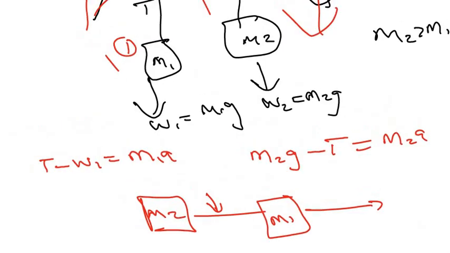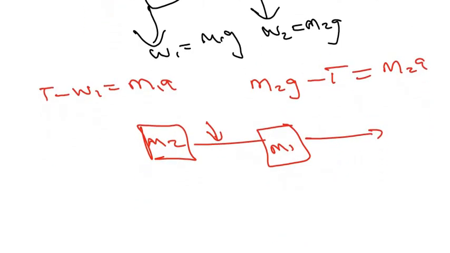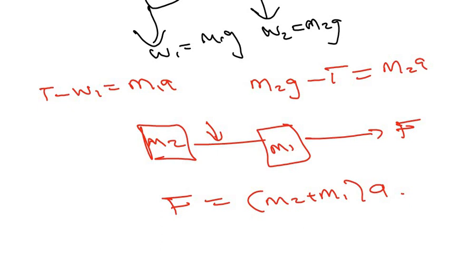Whenever you have two coupled objects, the direction will be stated, in which direction this thing is going to be moving. So we can treat them as one thing: the force is equal to the two masses added together times the acceleration. Any questions here, Mapalo, on the pulley system? Is this okay?